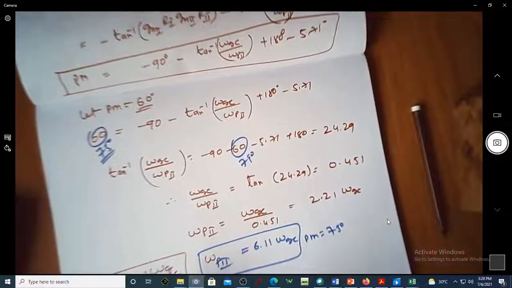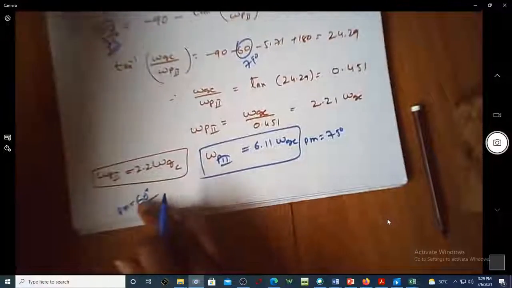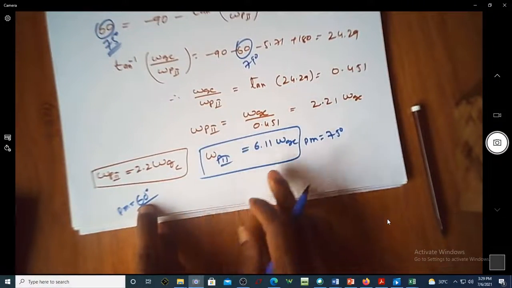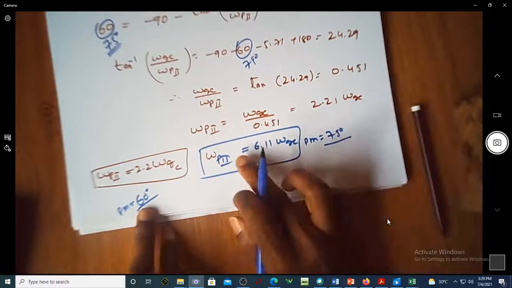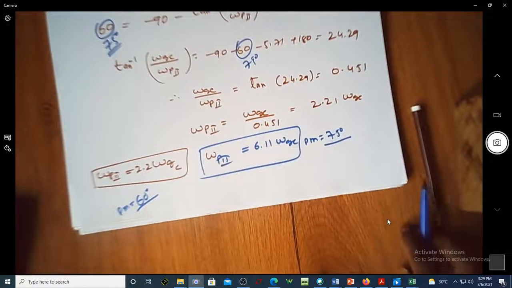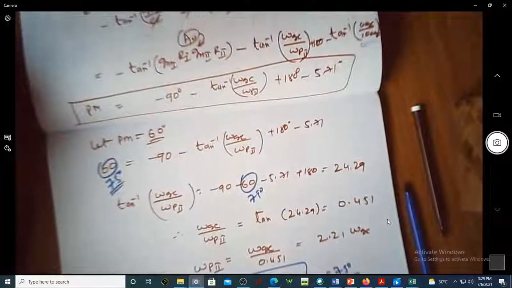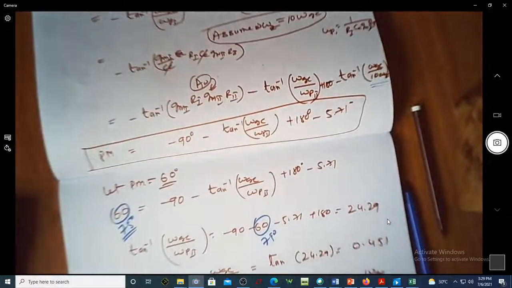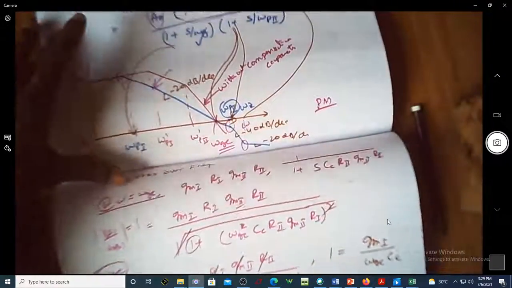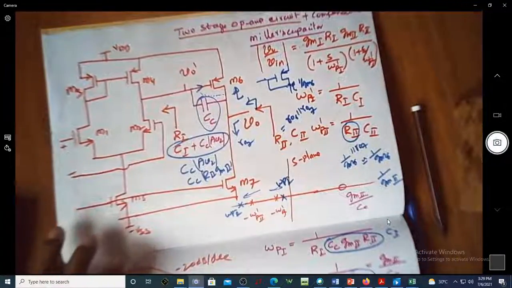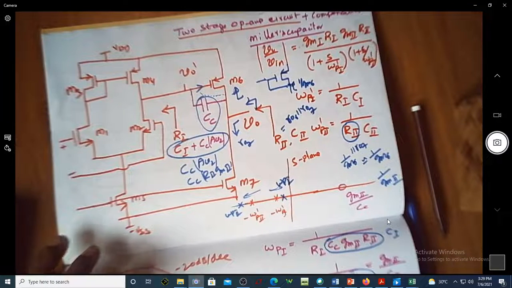The second pole should be at 2.2 times omega gc for 60-degree phase margin. If you want to have 75-degree phase margin, then it should be at 6.11 times omega gc. In the next videos, we will do the design of a two-stage operational amplifier with given specifications, identify the dimensions of all these transistors, and then try to simulate a few problems.